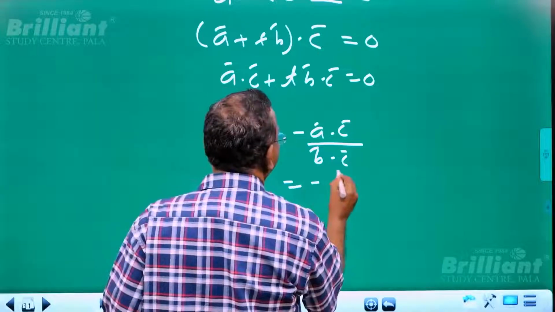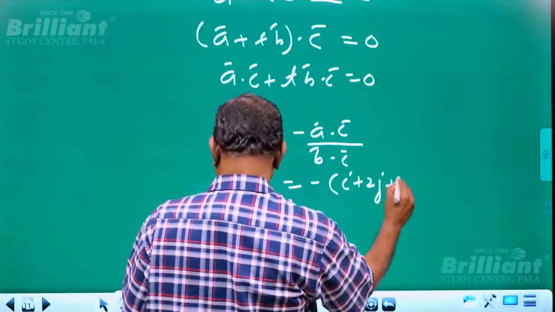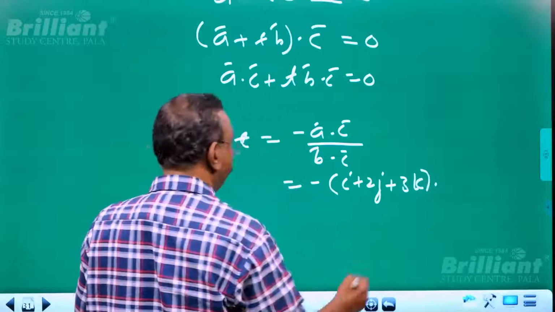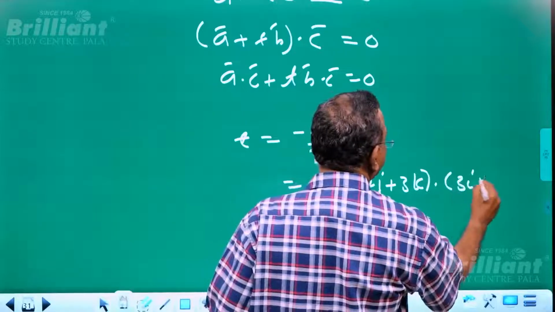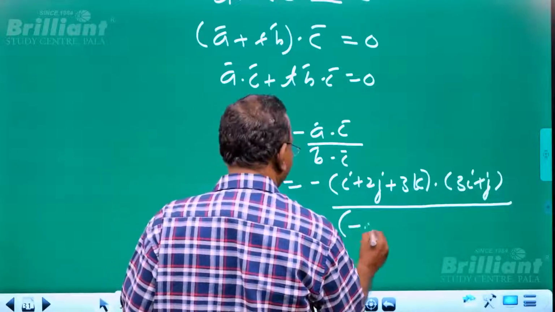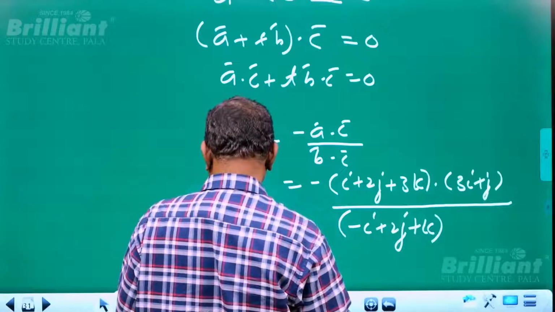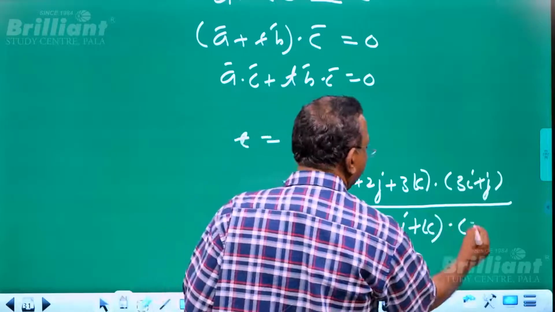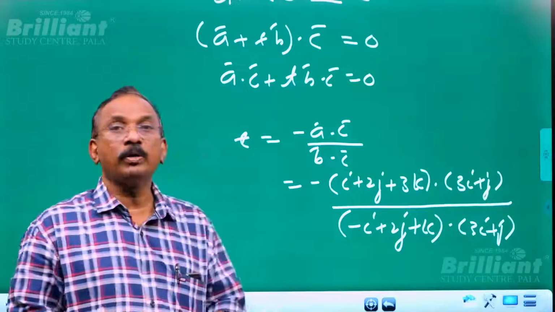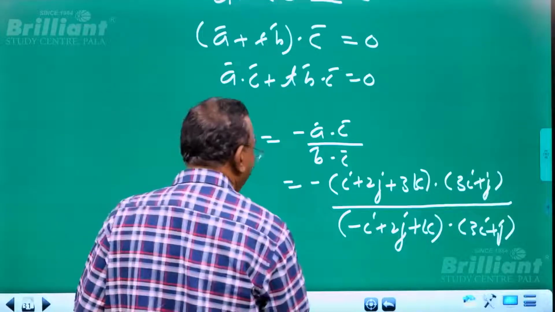t is equal to minus of a, which is given as i plus 2j plus 3k dot c, which is 3i plus j, divided by minus i plus 2j plus k, our b bar, dot 3i plus j, our c bar. Now you expand the dot product and take the ratio, which will provide t. So here, what's the dot product?